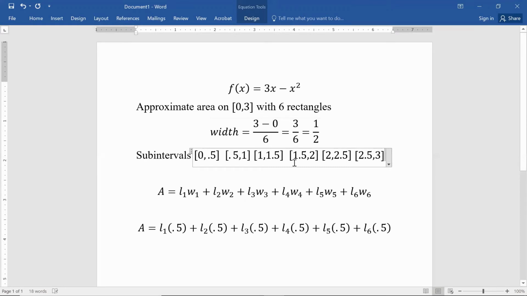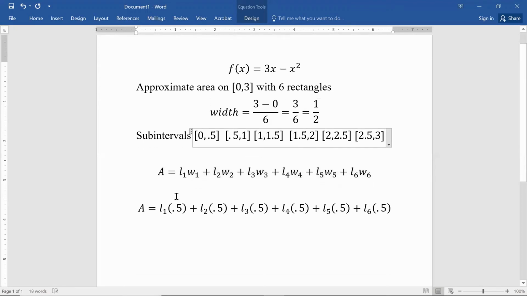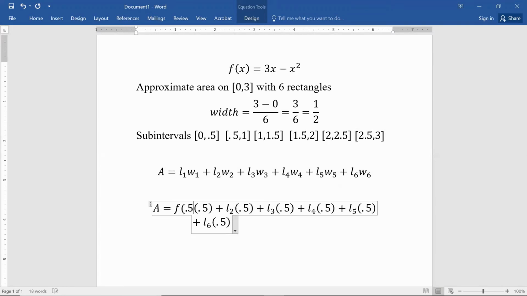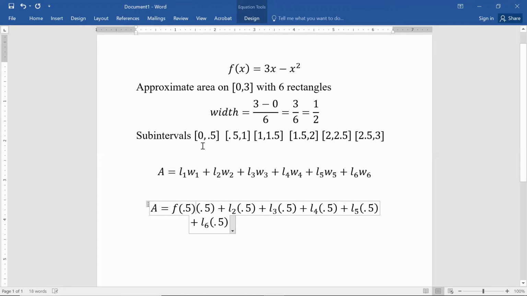Those would be the 6 subintervals that I'm calculating my rectangles on. So for the length of my first rectangle, I used the function value at 0.5 because that was the right-hand value of that subinterval.